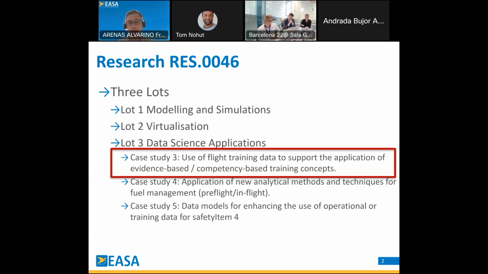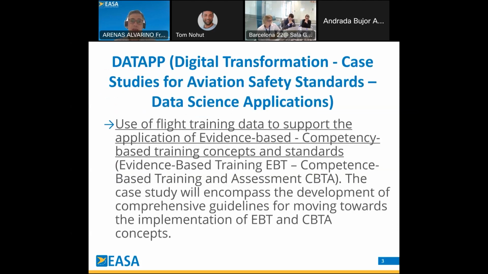And we are, in this case, the use of flight training data to support the application of evidence-based, competency-based training concept. The idea specifically on today's call and in detail for this case study 1 is the use of flight training data to support the application of evidence-based training and competency-based training.